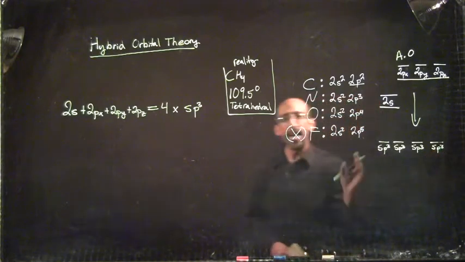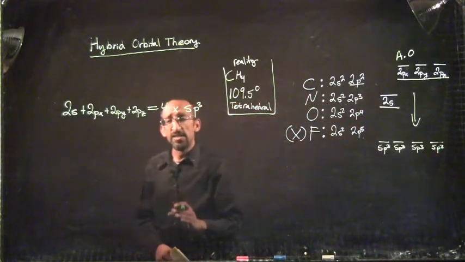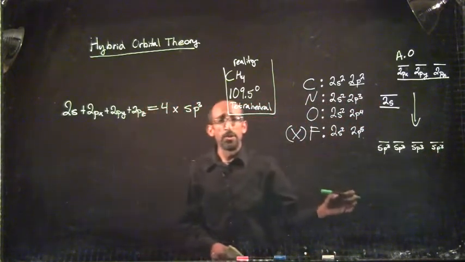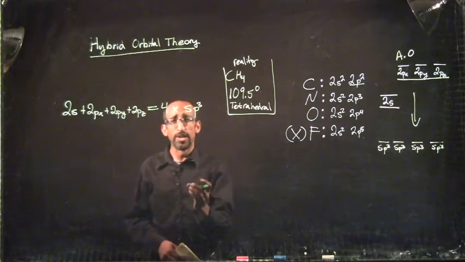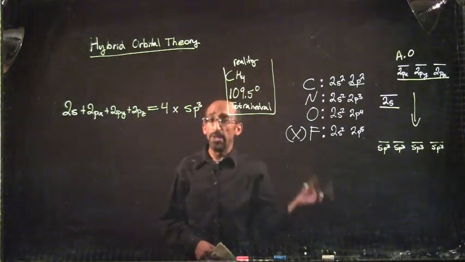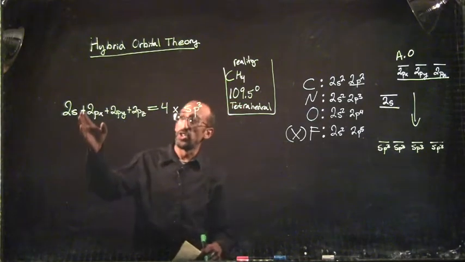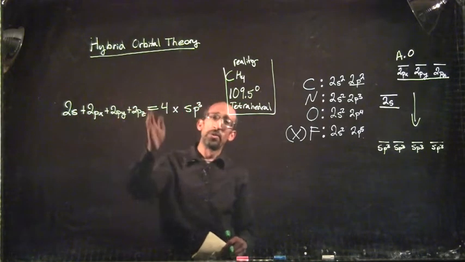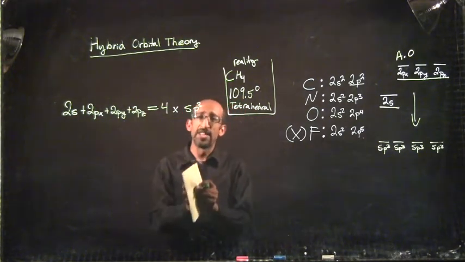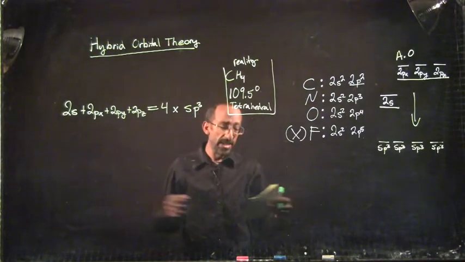And this term sp3 means each of these orbitals is 1 part s orbital character and 3 parts p orbital character, because we took 1 s orbital and 3 p orbitals, combined them together, and then redistributed them evenly.